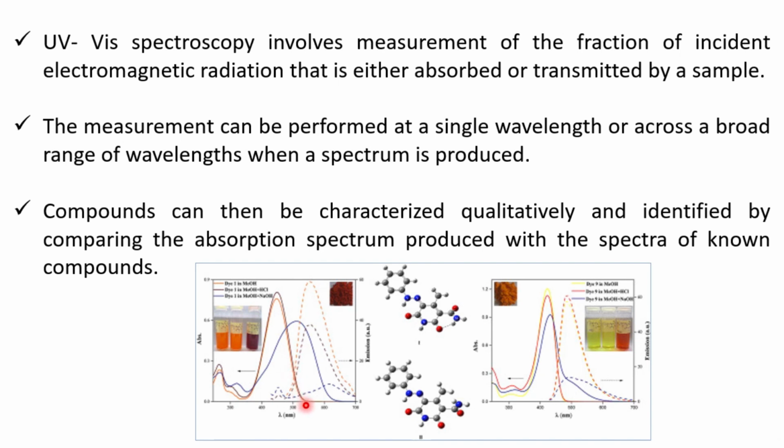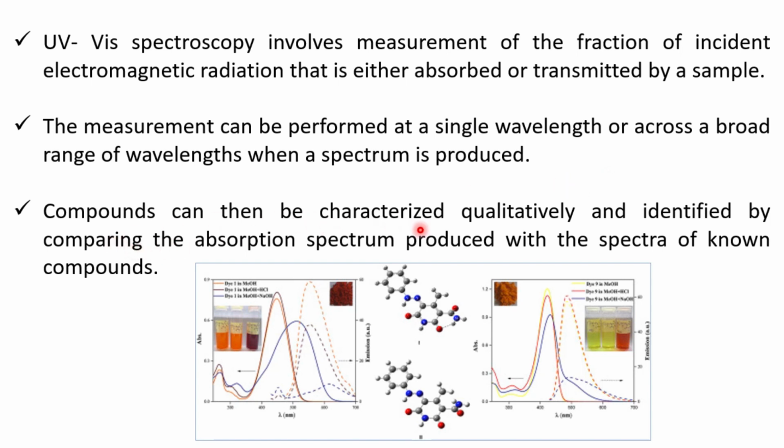If you are sure that your analyte of interest has a known absorbance value within this range, say 400 nanometers, then you can set your UV-Vis at a single wavelength of 400 nanometers or 420 nanometers to run your sample. However, if you're not so sure and it's an unknown compound, then mostly we use a range of wavelengths, say 400 to 600 nanometers. Then it means you are using a broad wavelength.